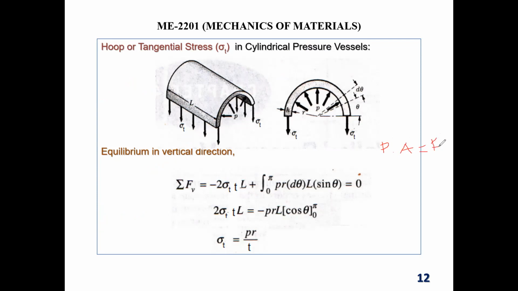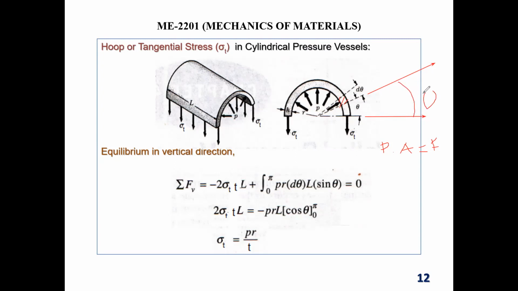How can we figure out that force? You see, we took a small portion from the thickness area. We are measuring from the horizontal axis, and this line makes an angle theta.